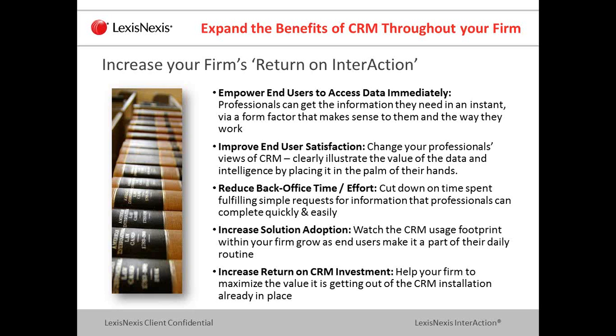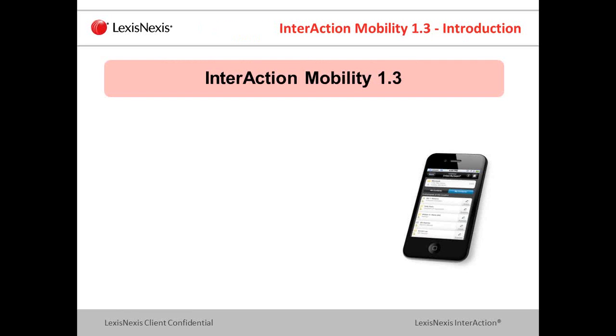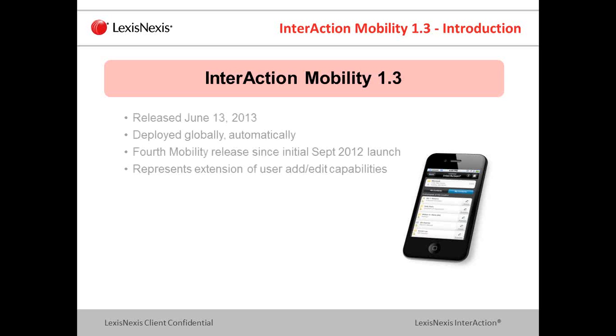And with that said, let's talk about, I think, what we really wanted to talk about is this most current release, InterAction Mobility 1.3. And so I'll say don't get hung up on the version number. We really just talk about the version number to help differentiate it from other releases. We have done a number of releases fairly quickly this year so far.